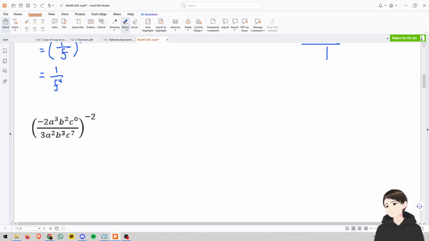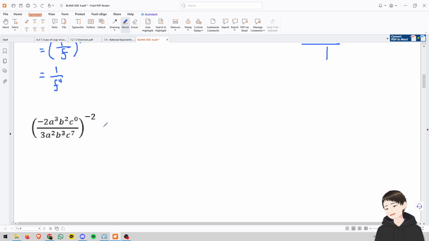Or you can deal with the power of a power and apply the exponent onto every single variable and coefficient inside because it's a single term here. Or because you don't like a negative exponent, you can deal with that and turn that into a positive 2. There's so many ways you can start.